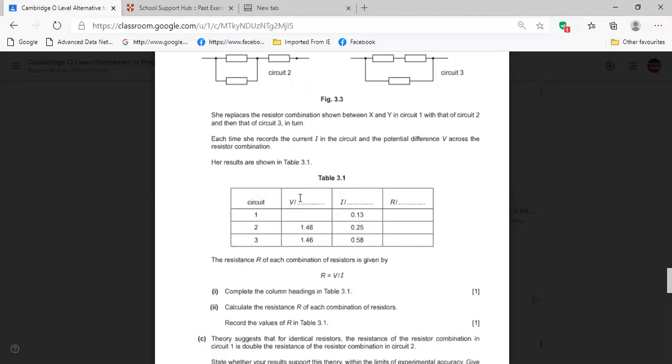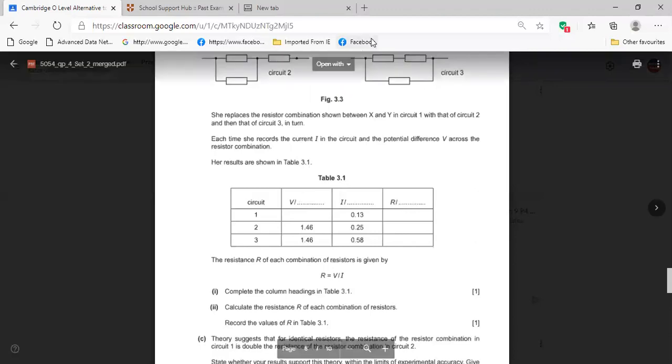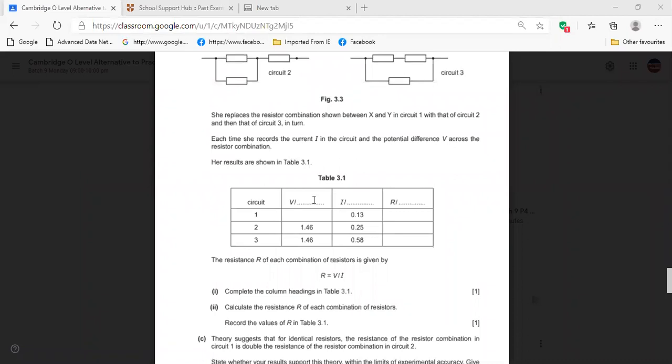Yes, quantity first, then slash the unit. Got it? Yes, sir. Then, sir, it will be voltage, ampere, and ohms. Voltage means give volt here. Voltage is also a quantity.